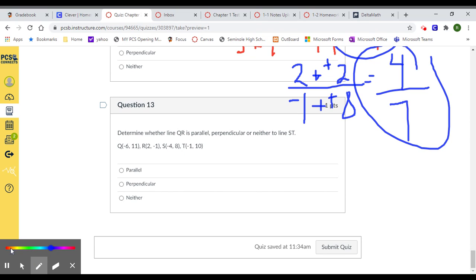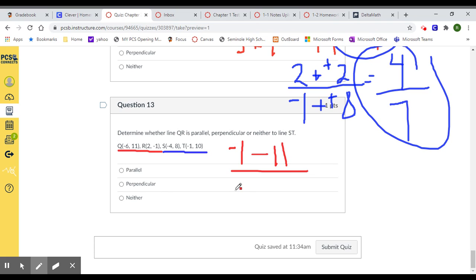Here's my first line. Here's my second line. I'm going to find the slope of the first line first. So negative 1 minus 11 over 2 minus negative 6. Negative 1 minus 11, I do add a line, change the sign.